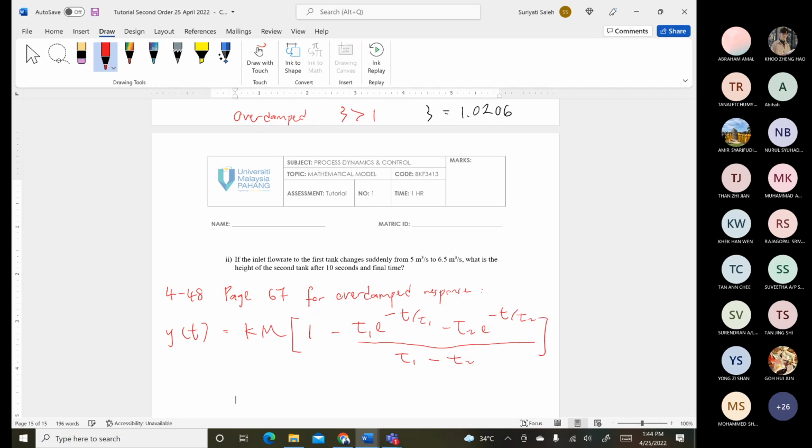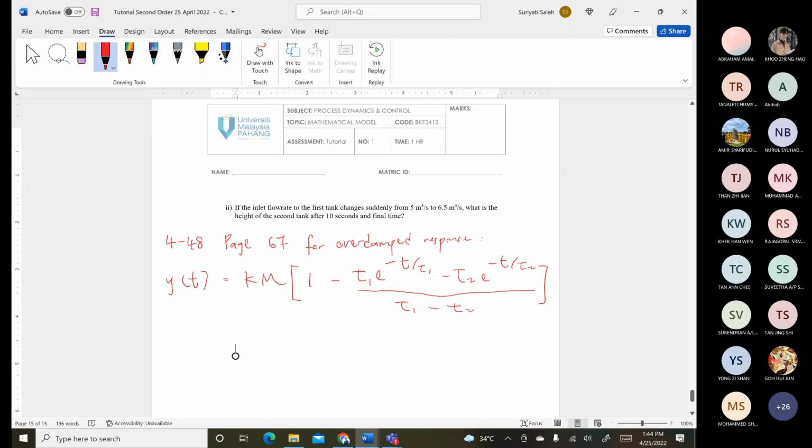So this is the inverse Laplace for the overdamped system. For this part, we just substitute the values.